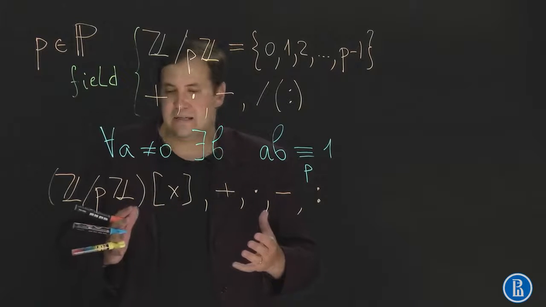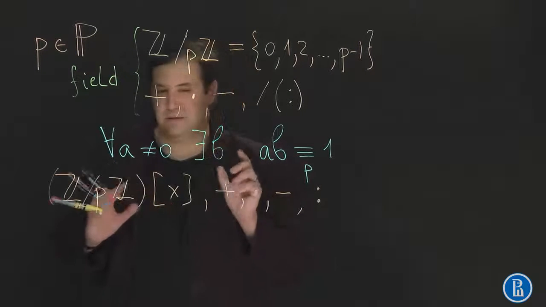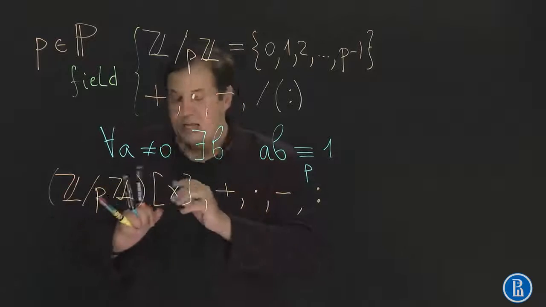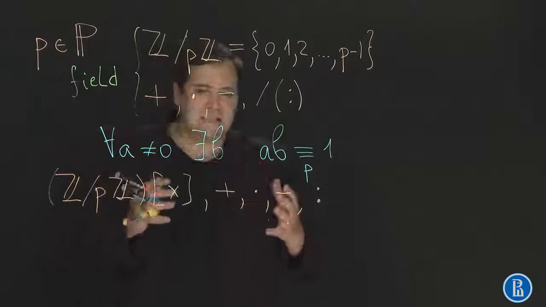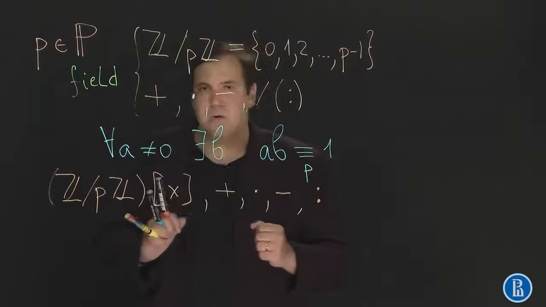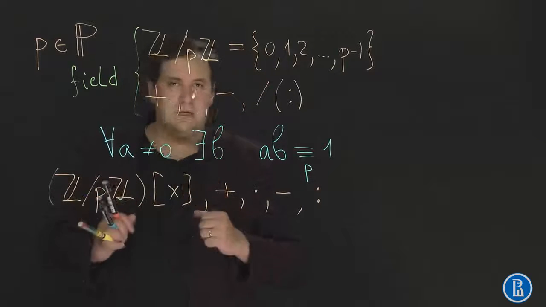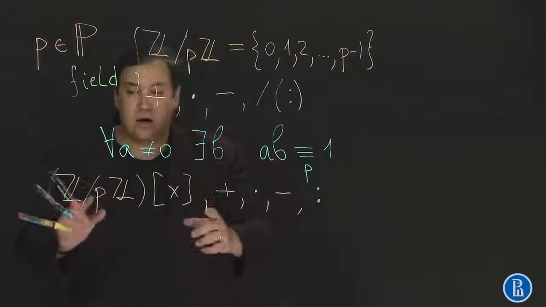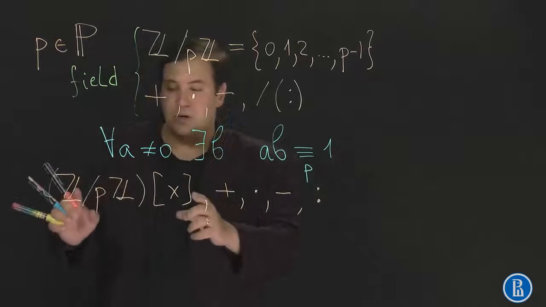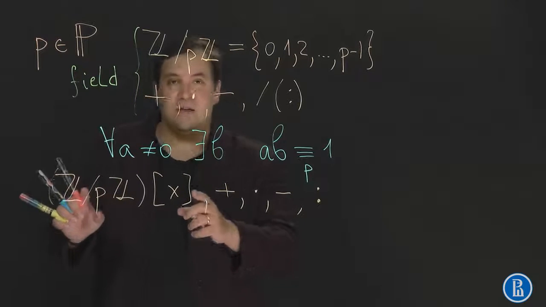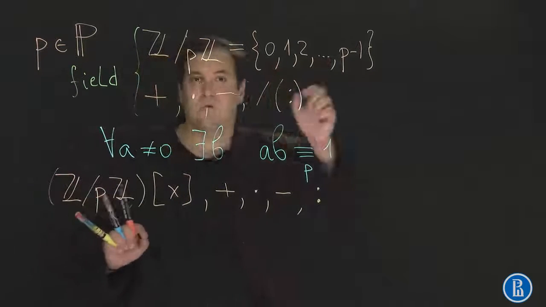Well, first let's spend just half a minute talking about what it means according to these operations in the sense of modulo p. Well, this means that all the coefficients of these polynomials are in this set over here.